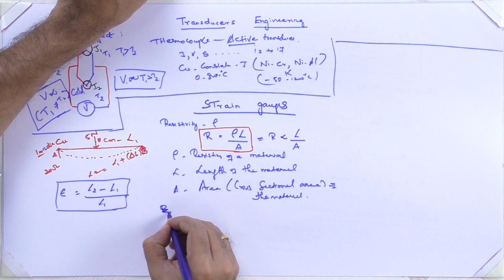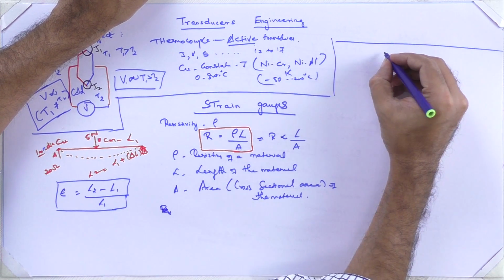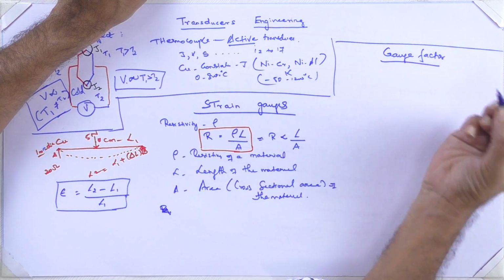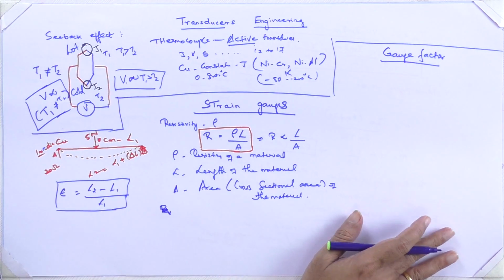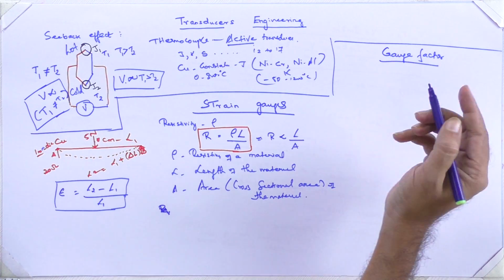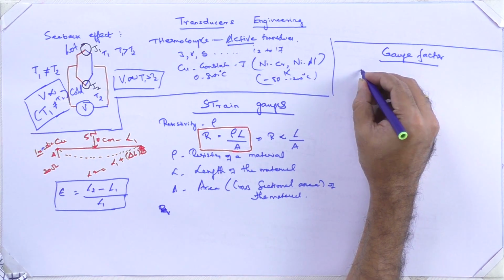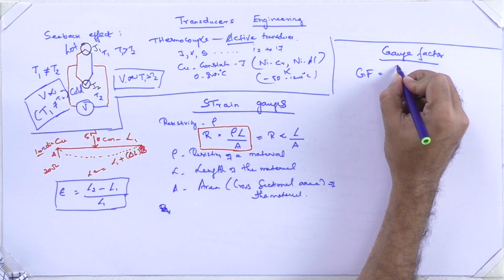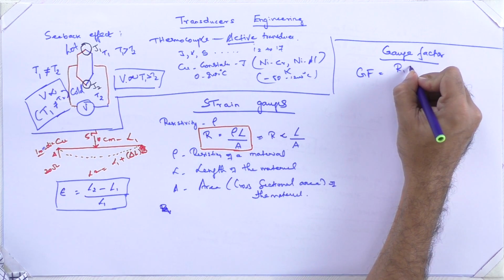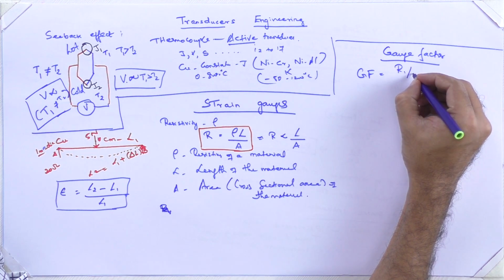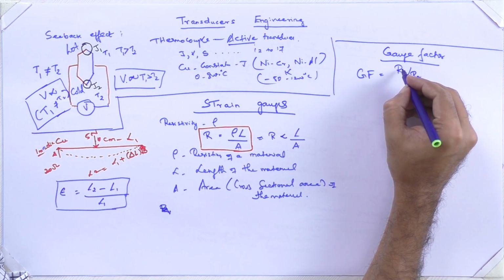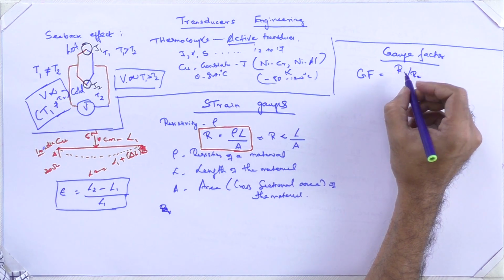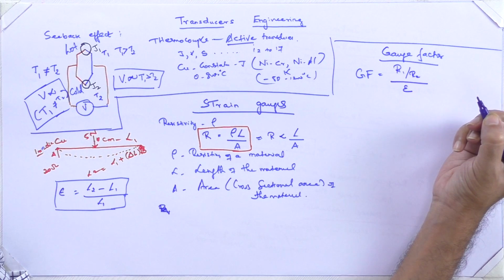Apart from this, we have one main feature called the gauge factor. Everyone has to remember this gauge factor. The gauge factor of any strain gauge, or GF, is equal to R1 by R2, where R1 is the resistance before change and R2 is the resistance after change, divided by strain.